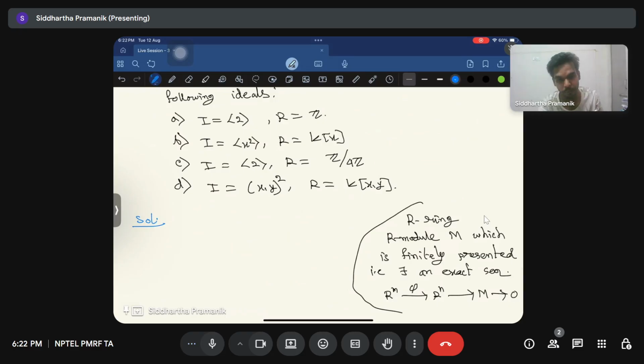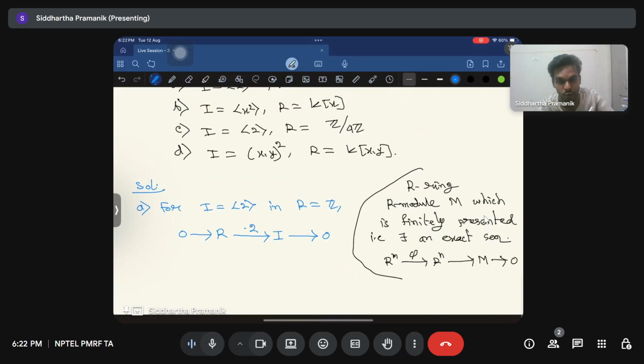Okay, so let's see the first one. Here M is this ideal I generated by 2. For I equals the ideal generated by 2 in the ring R equals Z, observe that if you take I here and R here, and take the multiplication by 2, then this is an isomorphism.